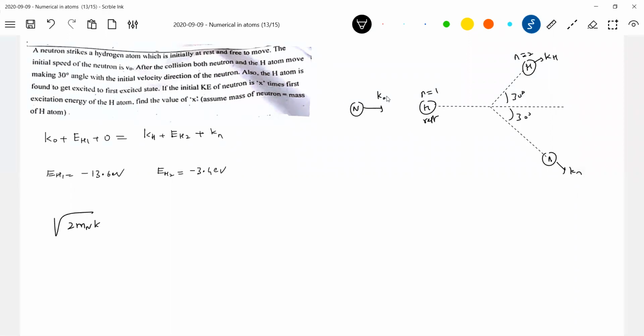So then writing the conservation of momentum, root of 2mn K naught is equal to root of 2mh Kh cos 30. Now look at the mass of hydrogen and neutron. Assume the mass of neutron and that of hydrogen are the same. So what you can expect, Kh equal to Kn. No need to solve, I'll just show it.